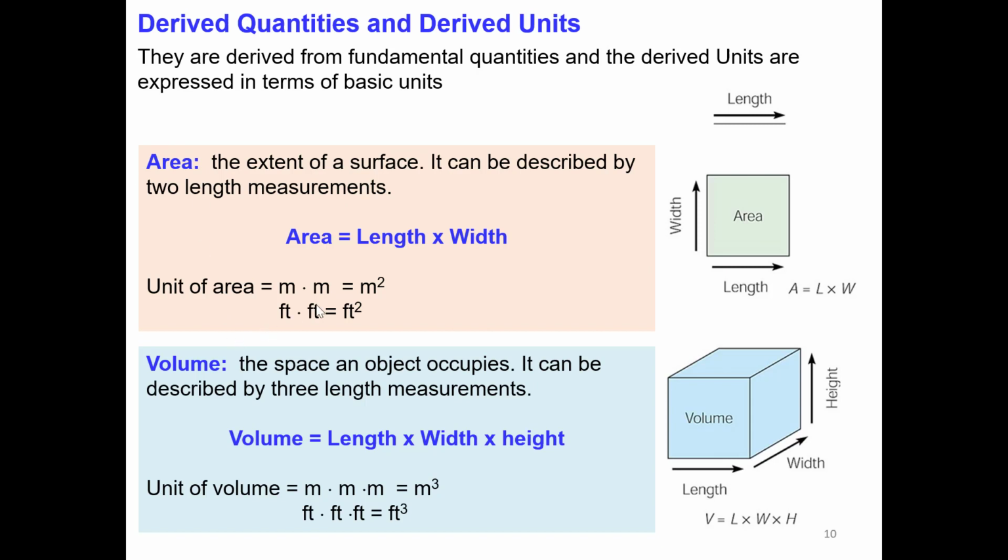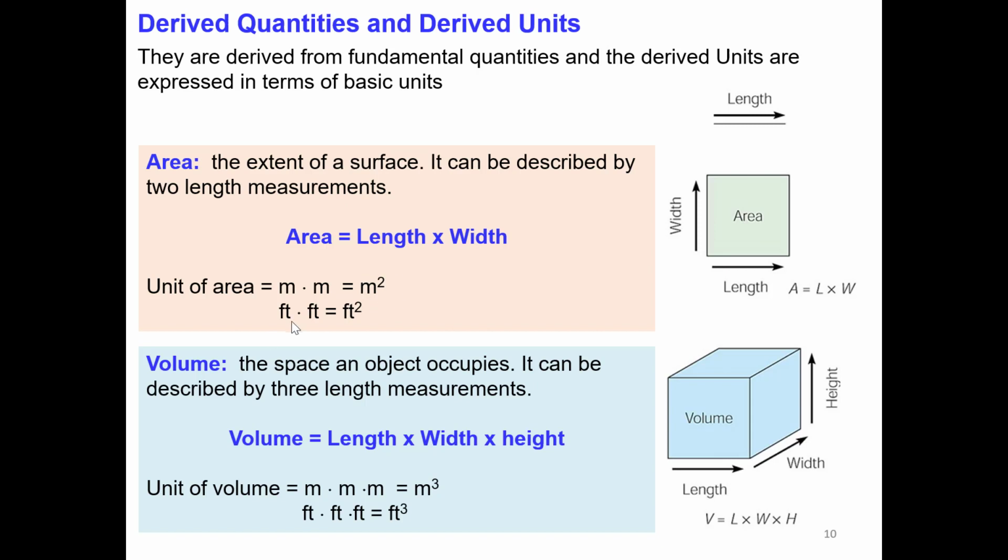Now let's see the units. The unit of area can be meter times meter, because we have length times length. Then we will have square meters. Then the basic unit is the meter, and the derived unit is the square meter.